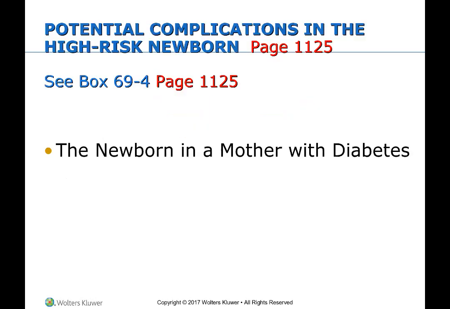Okay, continuing. Remember, this chapter was about the high-risk newborn. And so we have potential complications in the high-risk newborn. We were looking at the different things that made a new baby at high risk.